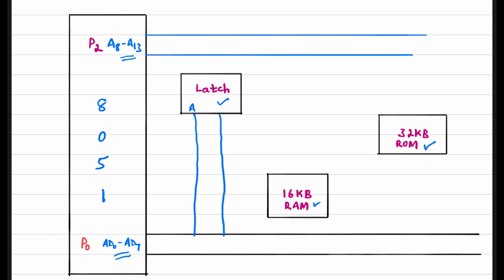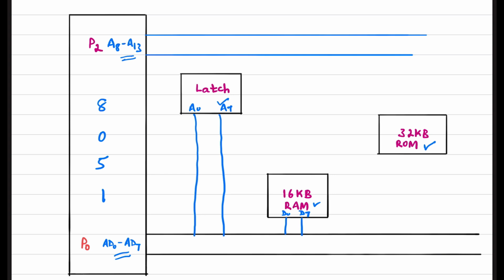So now we only have A0 up to A7. Whatever remains becomes the data line, which is always an 8-bit data line that we connect to the RAM. This will be D0 up to D7. The data line part is completed.